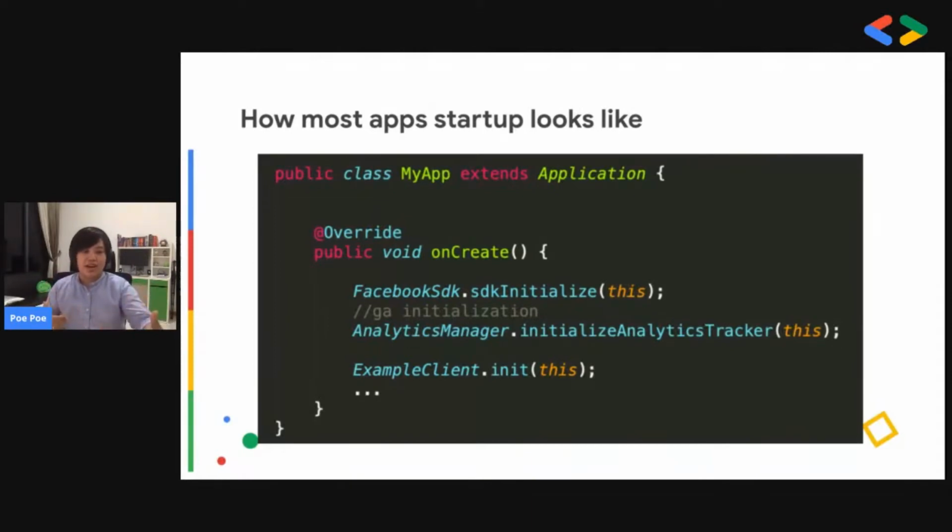These are all just setting up or initializing the library only. What will happen is that if you have a lot of libraries integrated on the startup of the app, your app becomes slower and slower because all these libraries are hogging the startup of the application.